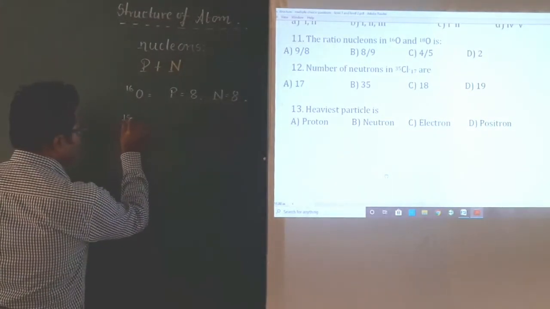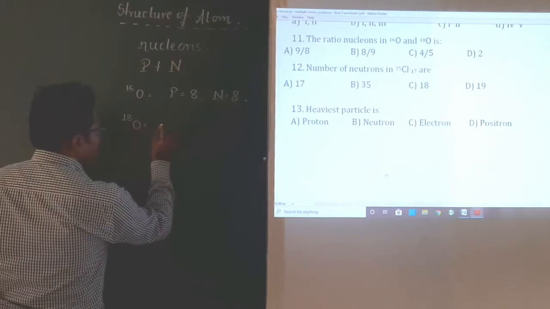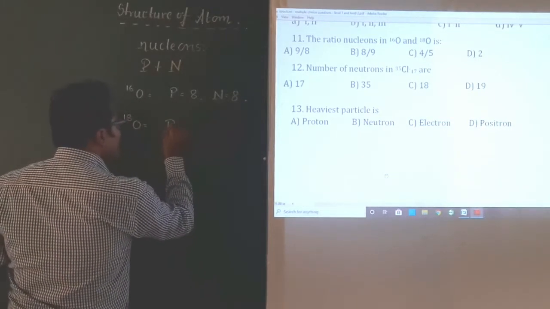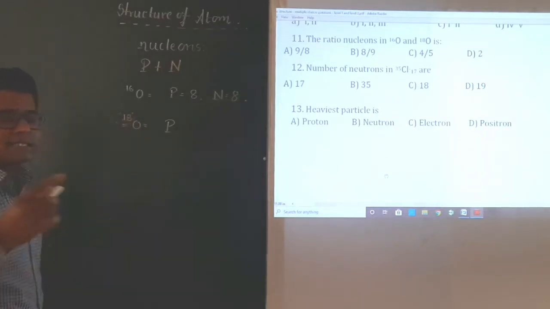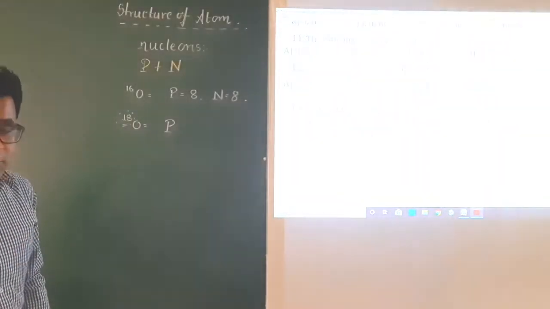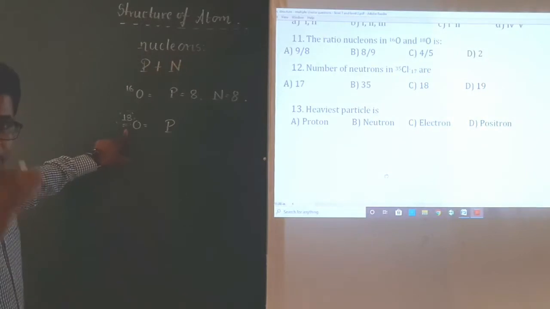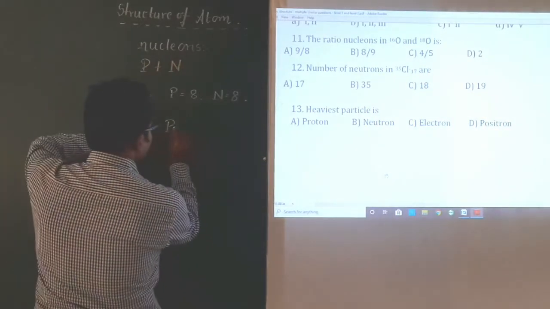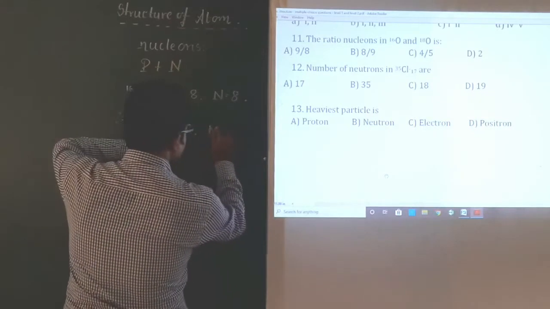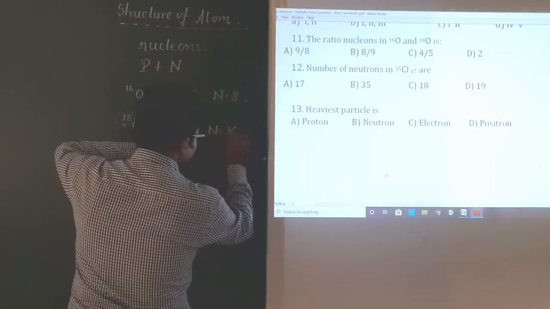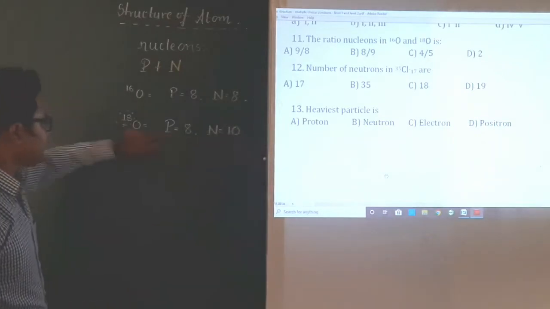Now, when we speak about O18, the mass has increased. The charge has not increased, rather the mass has increased. In such conditions, protons are 8, neutrons are 10. Correct, 10 plus 8 is 18.